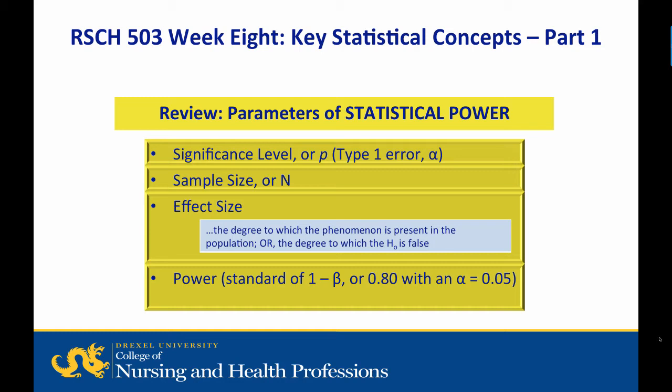Again, the alpha chosen or the type 1 error accepted. Second, power is a function of the sample size, or n. And third, power is also a function of just how false the hypothesis really is, or the degree to which the phenomenon is present in the population, or the degree to which the null hypothesis is false.